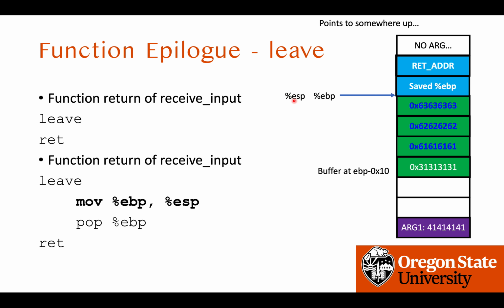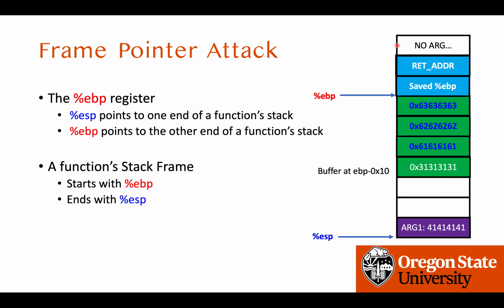ESP will move up to where EBP points, and then pop EBP will restore EBP to the previous saved EBP value, and ESP goes up by one because the instruction internally runs a pop. Then the function returns to the original return address. We just learned how the function epilogue works with either add ESP, pop EBP, or leave, return.